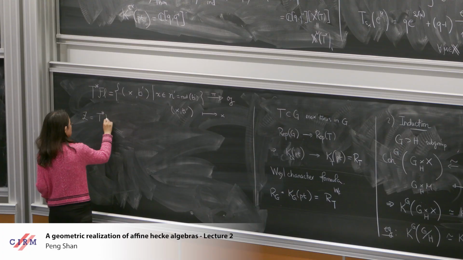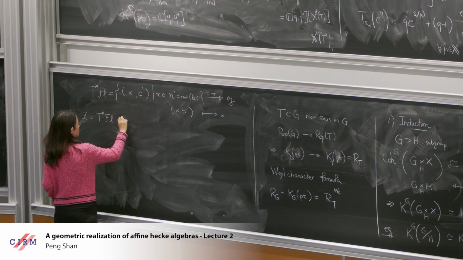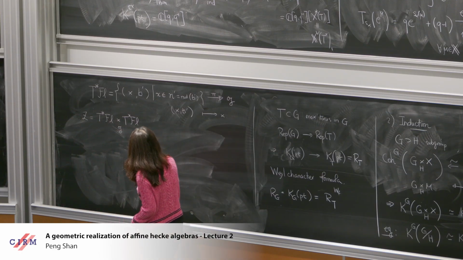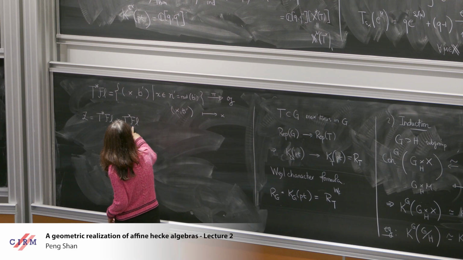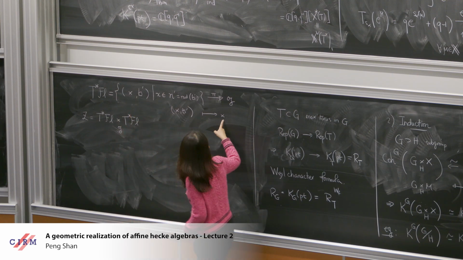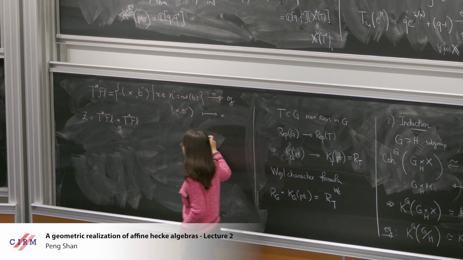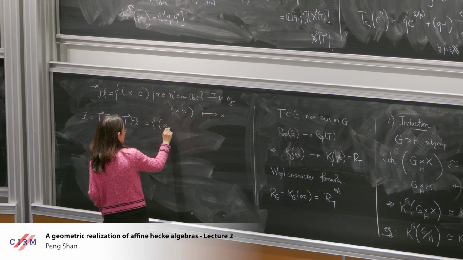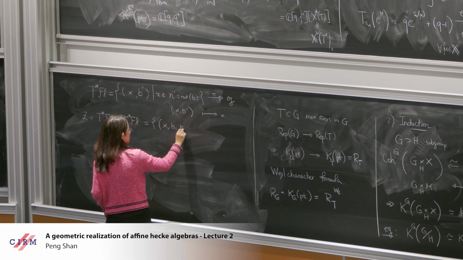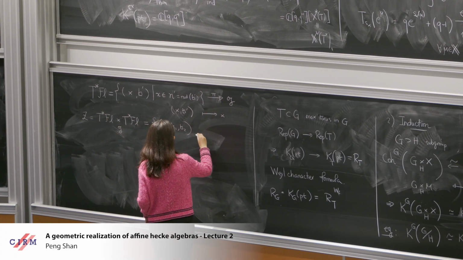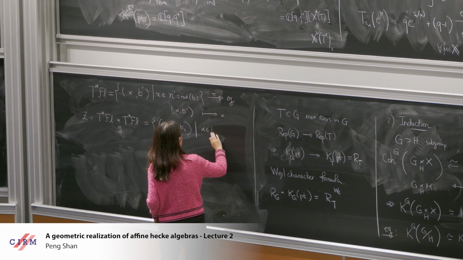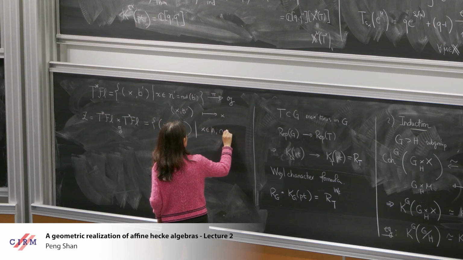Okay, and now if you do the fiber product, using this interpretation, what does it mean? It means that you take an element here, you take an element here, such that the projections to g are the same. So this space consists of the following triples: x and b1 and b2, such that b1, b2 are Borel, and x belongs to the intersection of n1 and n2.